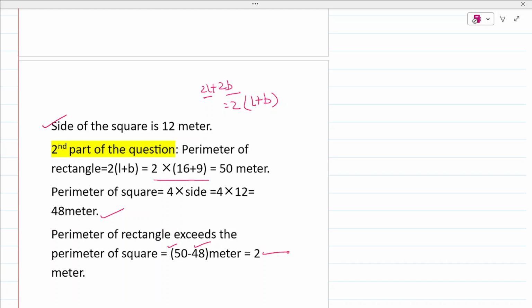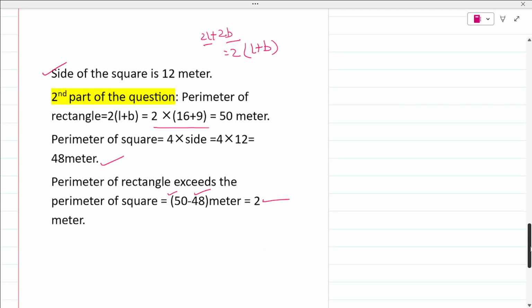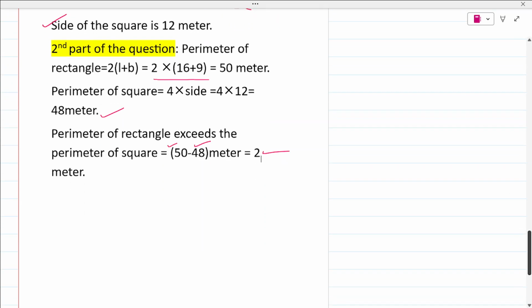So the perimeter of the rectangle is 2 meter more than the perimeter of the square. The answer is 2 meter for the second part, and for the first part, the side of the square is 12 meter.